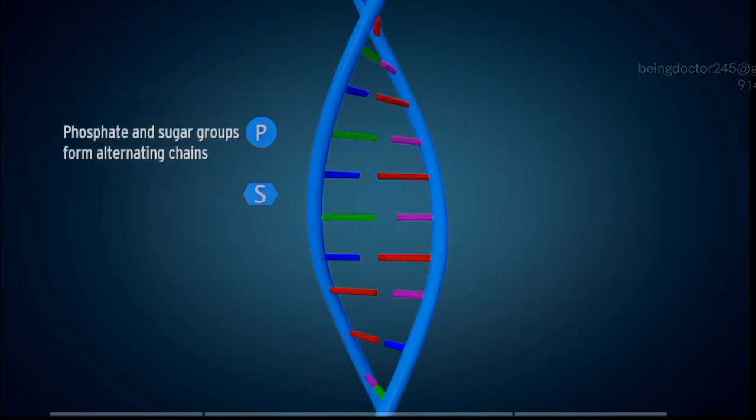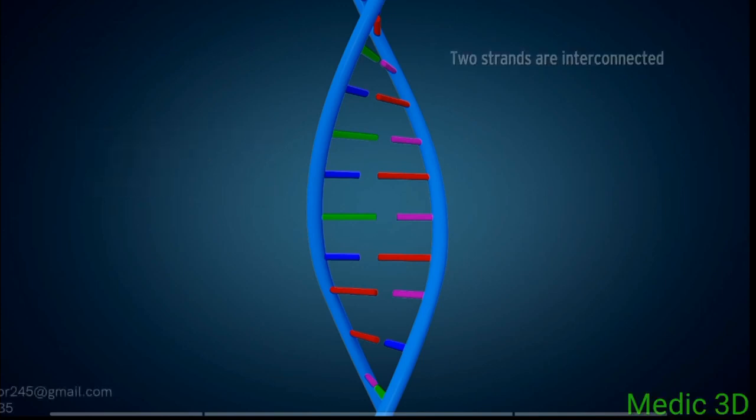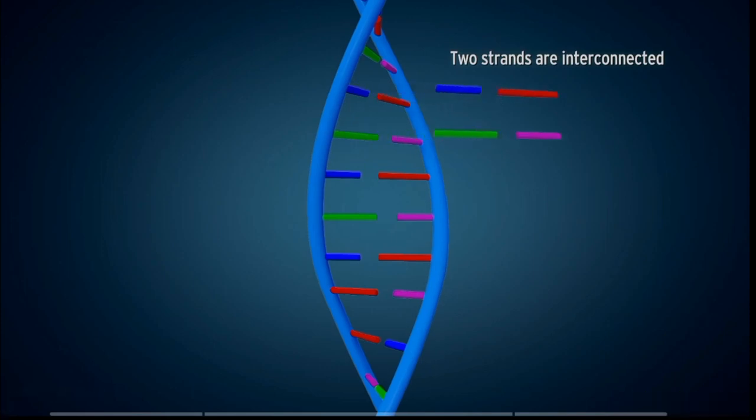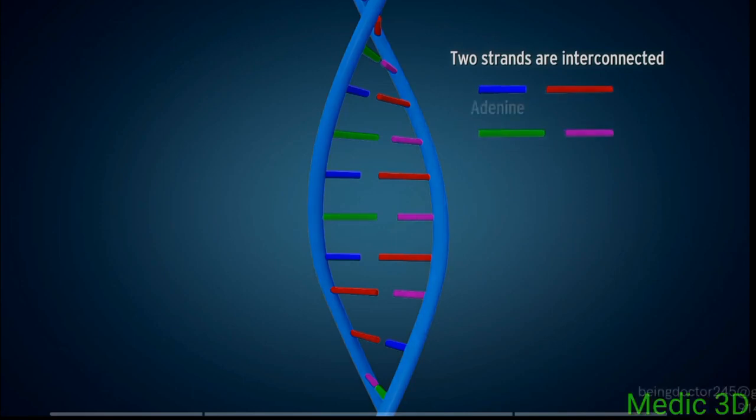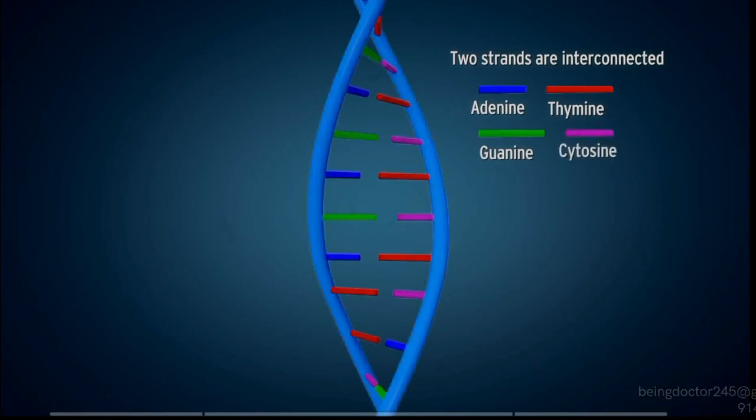The phosphate and sugar groups form alternating chains that form the strand of DNA. The 2 strands are interconnected through nitrogen bases found in nucleotides, which are adenine, thymine, guanine, and cytosine. The arrangement of these nitrogenous bases determines the biological instructions encoded within a strand of DNA.